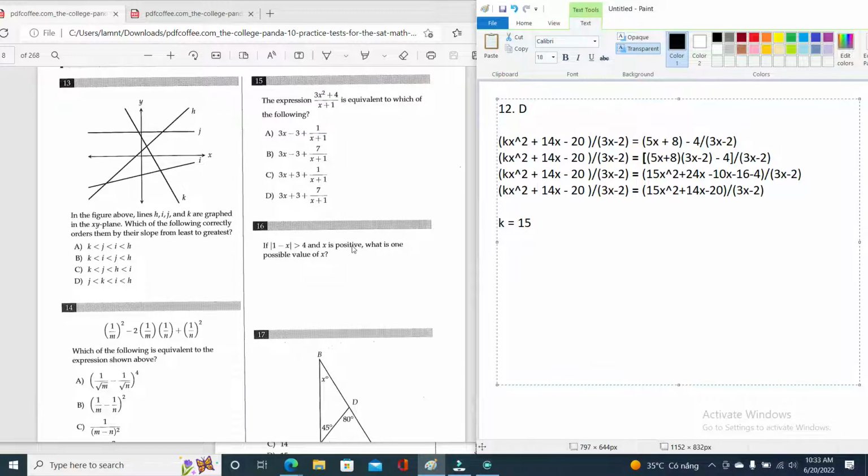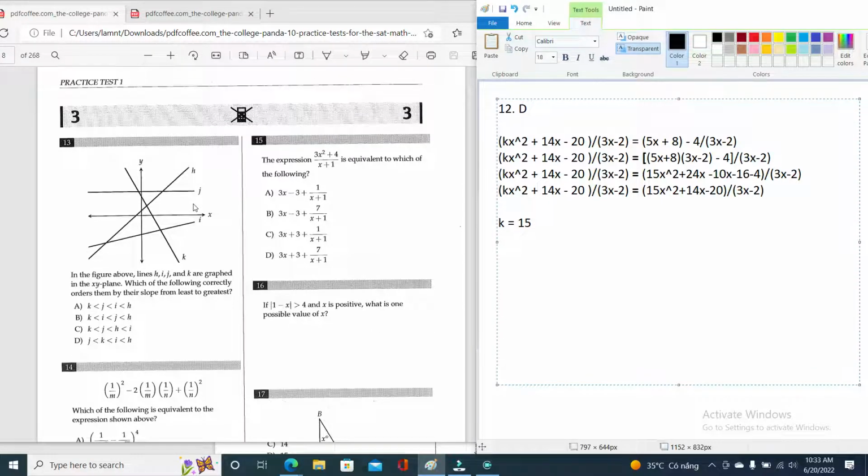Okay, so number 13, we have to look at the slope. We have to order them from the least to the greatest. We know that the slope of j is going to be equal to 0, right? And we know that the slopes of h and l are going to be positive.